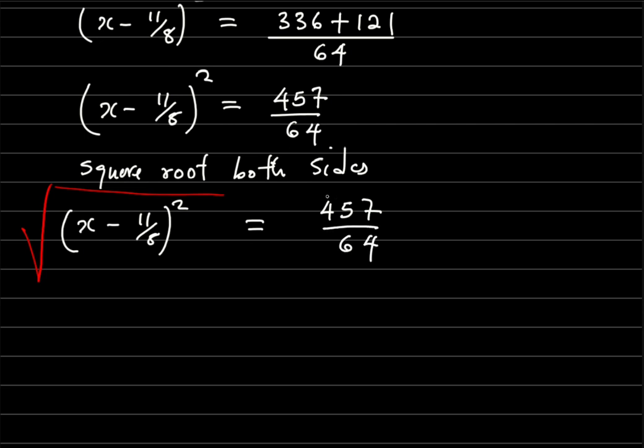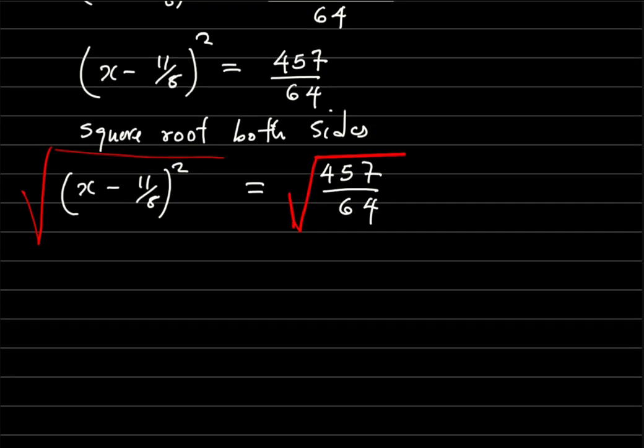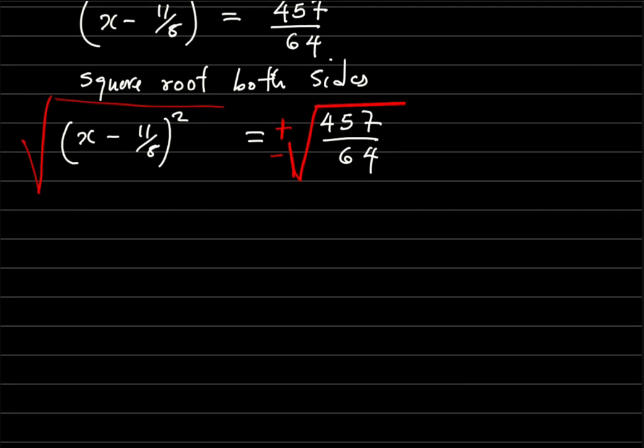Anytime you square root a number, it is both the positive and the negative of it. The square root will cancel the square on the left, so that we have x minus 11 over 8 equal to plus or minus root of 457 all over 8.